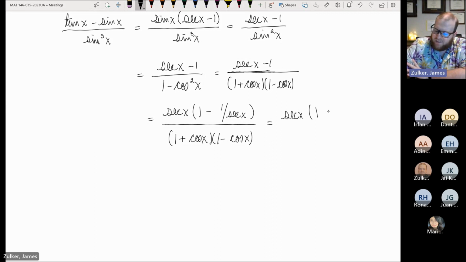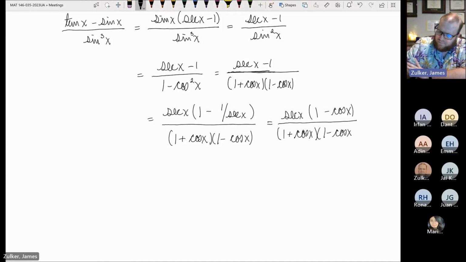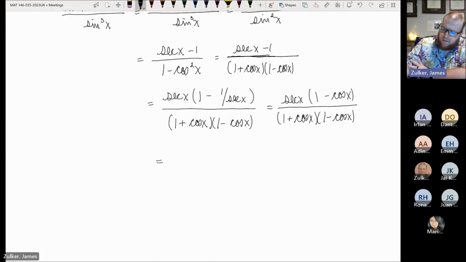But isn't 1 over secant cosine? Now look, 1 over cosine in the numerator, 1 over cosine in the denominator.